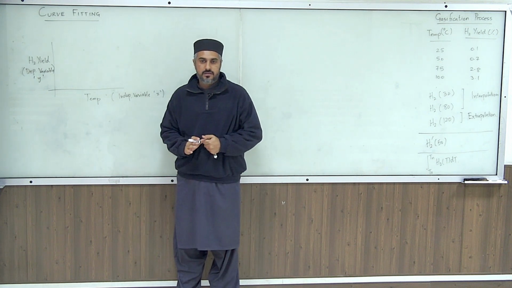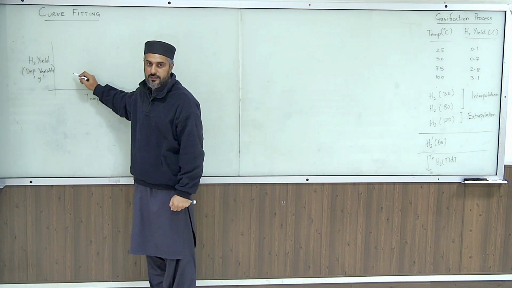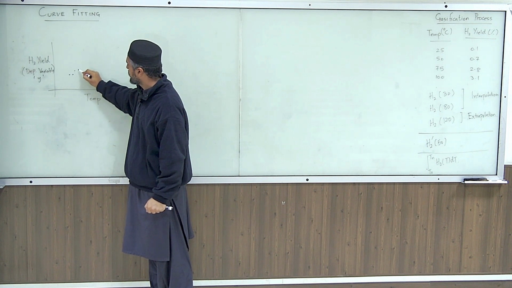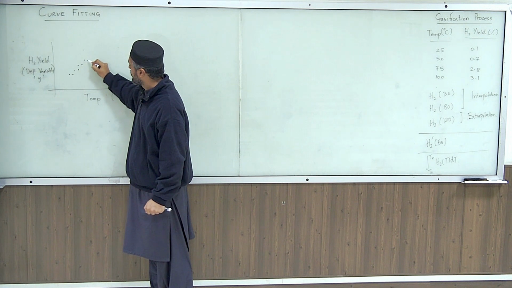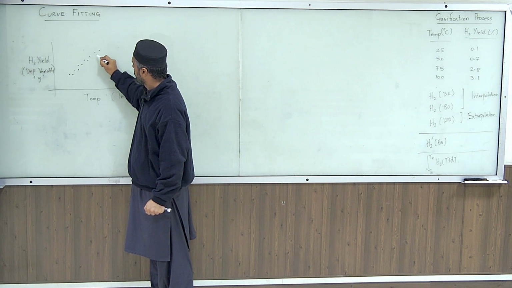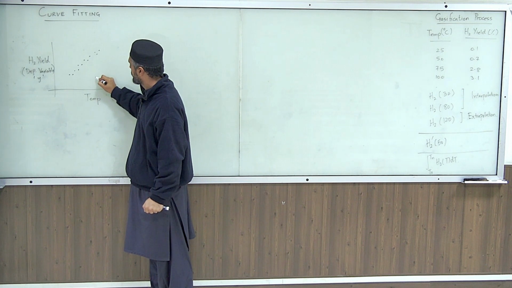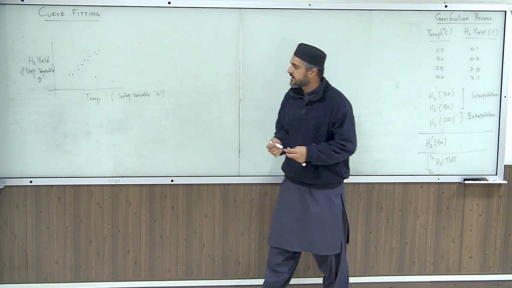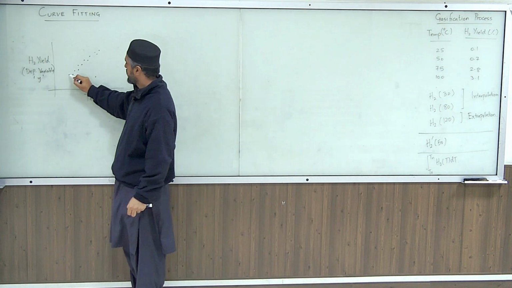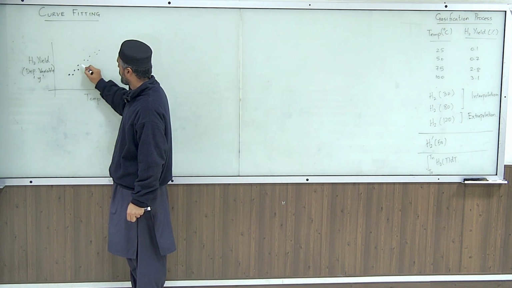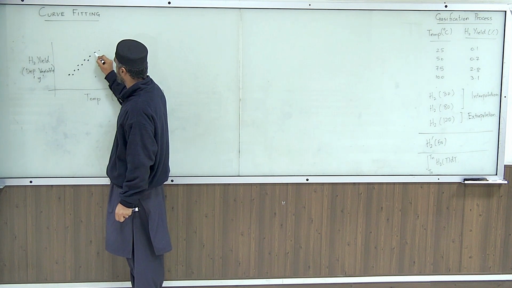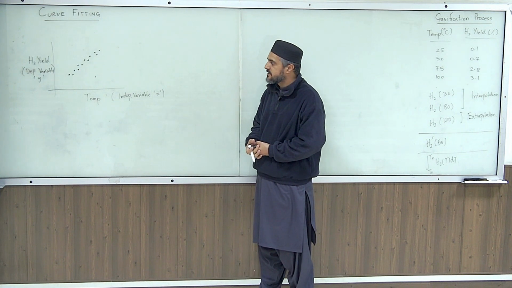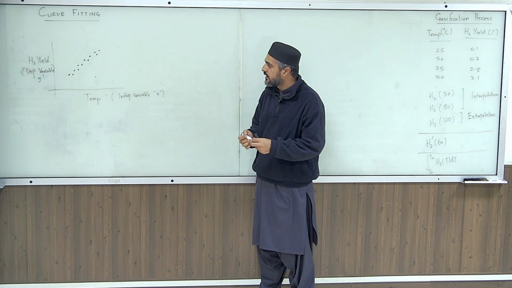The first step with the data is always to plot it to see the behavior of the data. For example, this is some plot, and if I ask you what behavior you see in the total data, it looks like linear behavior.